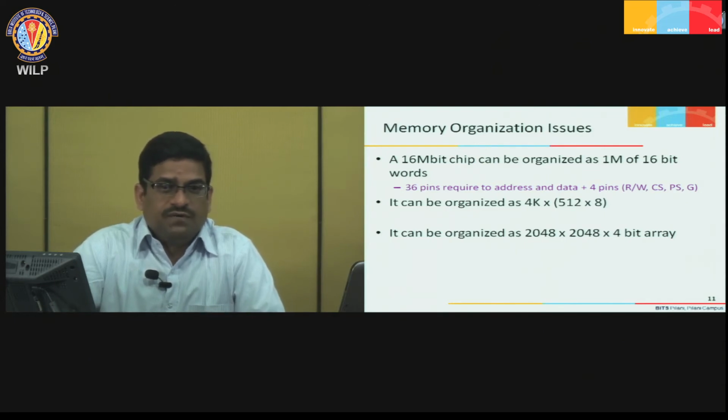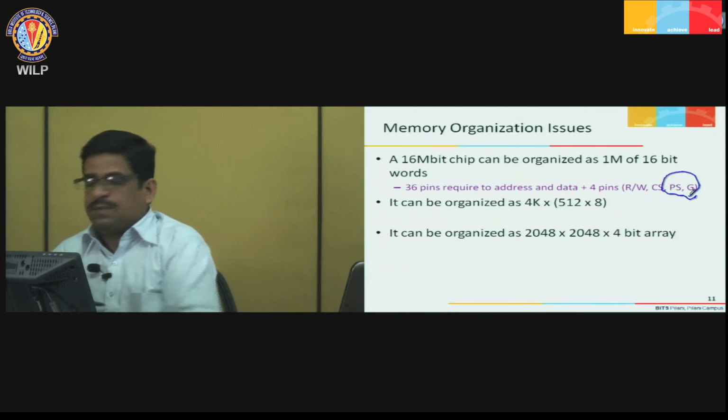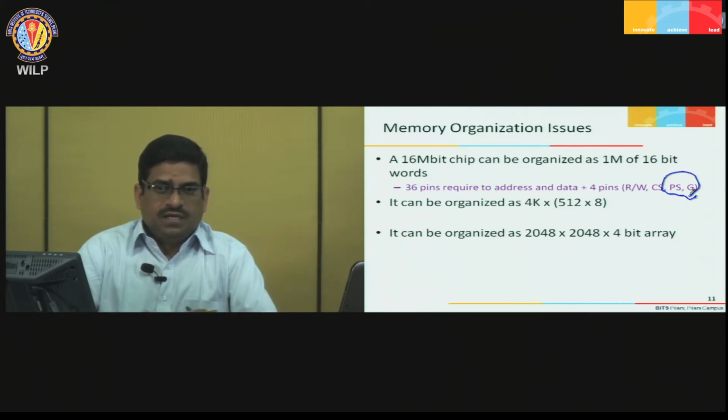So, 20 bits for the address part, 16 bits for the data output part. So, 20 plus 16, 36 pins, plus 4 pins for the read write, chip select, and power, and 1 for ground. These both are called power only, power supply and the ground, combinedly known as 2 pins. So, total 40 pins are required.